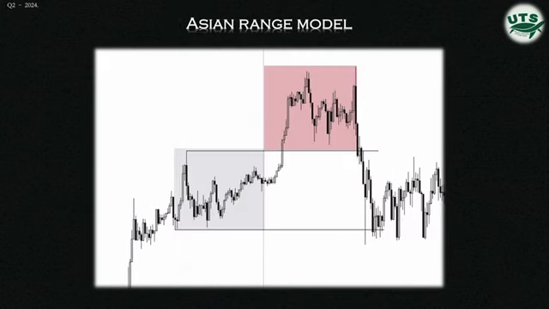Next up, you have the Asian range model. So you have a consolidation from 8 p.m. to midnight, New York time. That's the Asian range time. So you take that specific time because here's a little side piece on the 3-candle model.